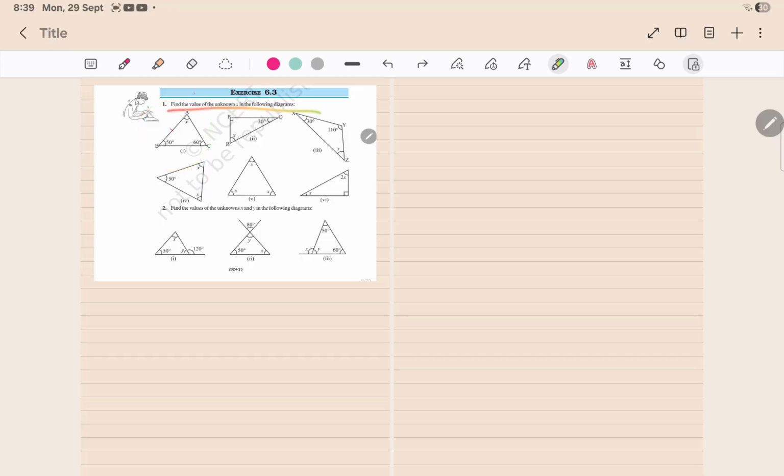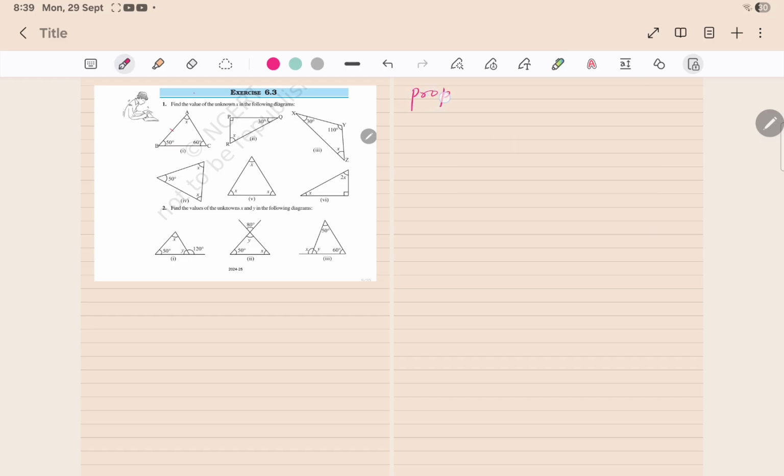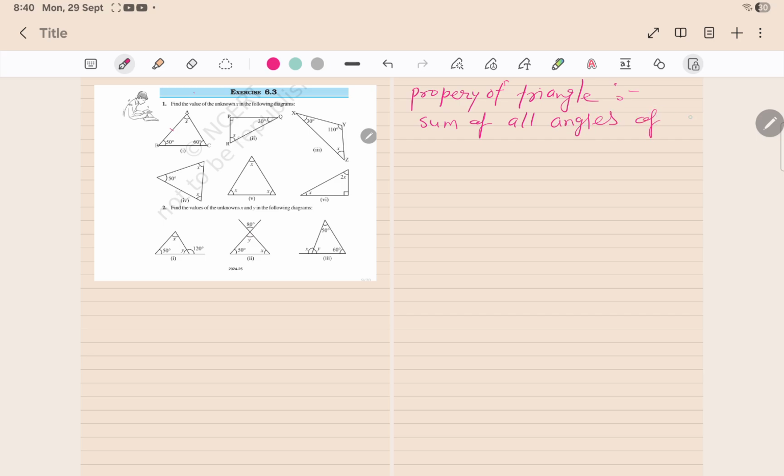The property of a triangle is that the sum of all angles of a triangle is equal to 180 degrees.